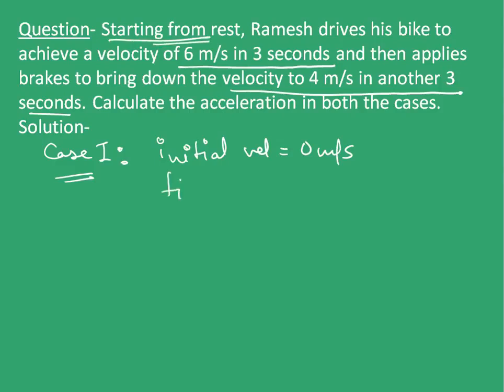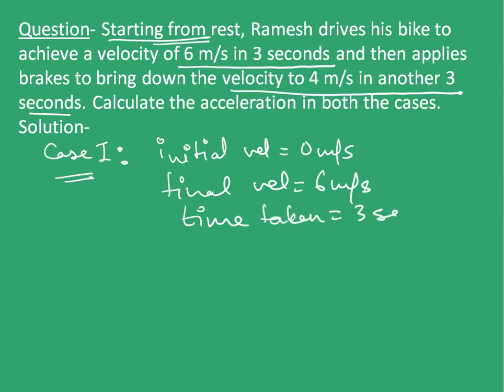Then the final velocity is equal to 6 meters per second as given in the question, and time taken is 3 seconds. Therefore, acceleration in this case will be 6 minus 0 upon 3 meters per second square, which will be 2 meters per second square.